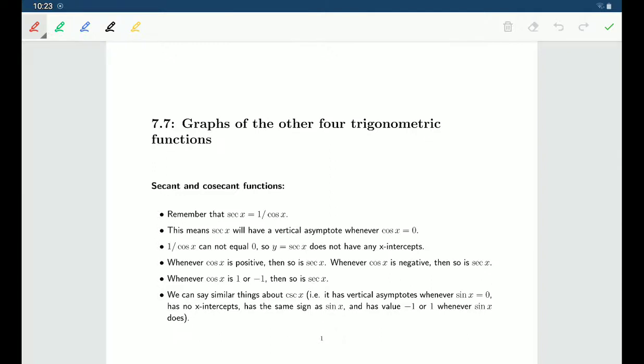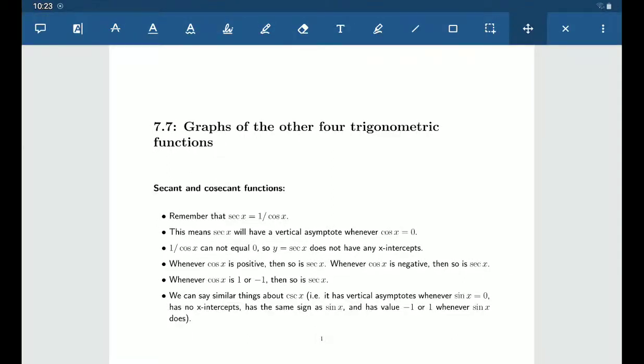And of course, since secant and cosine are reciprocals of each other, wherever cos is positive, so is secant, and wherever cos is negative, so is secant. And you can come up with similar sorts of things to say about the other function, cosecant. The fact that it is the reciprocal of sine means it'll be positive whenever sine is positive and negative whenever sine is negative.